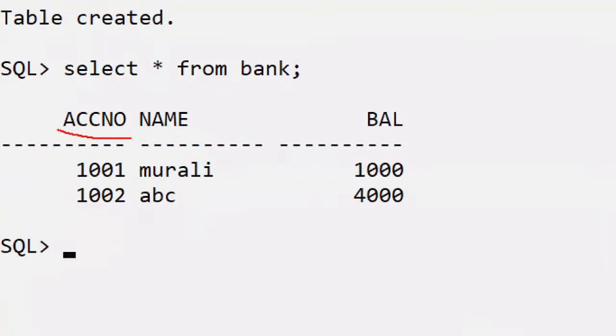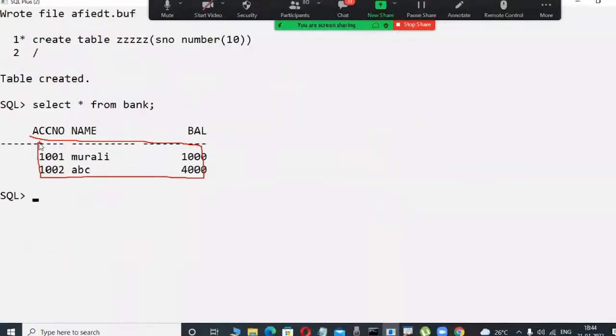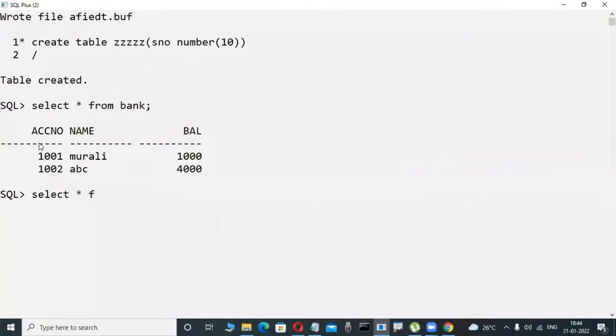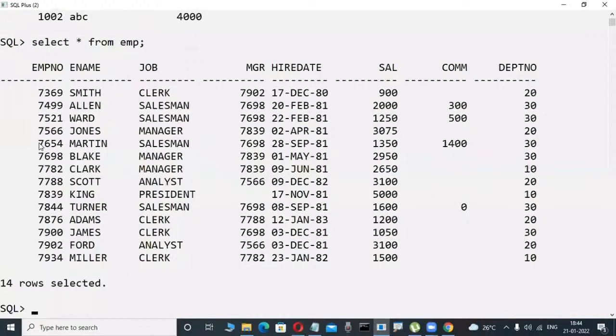Is this a structured collection of data or not? Table format. Yesterday you observed a big table, I was typing it only like this. It is a structured collection of data.